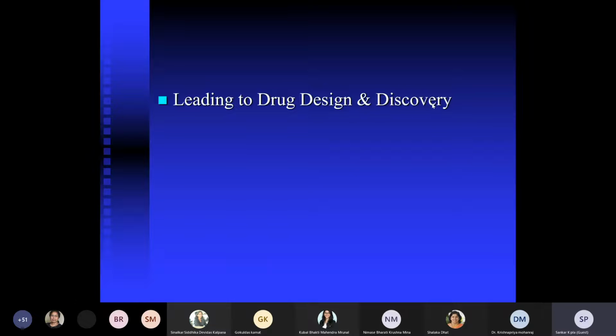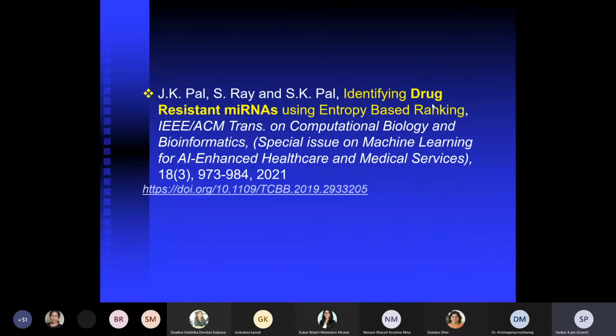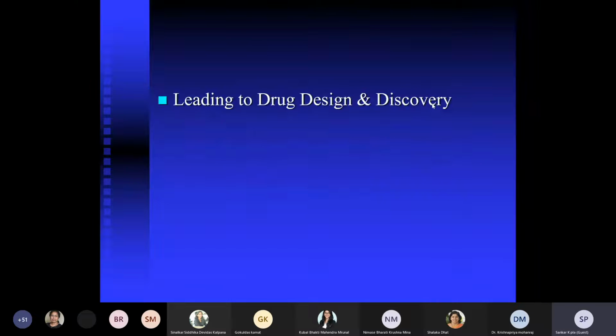So if we know the microRNAs which are responsible for cancer detection, and the microRNAs responsible for drug resistance, then accordingly this will help us with drug design and discovery for cancer patients.